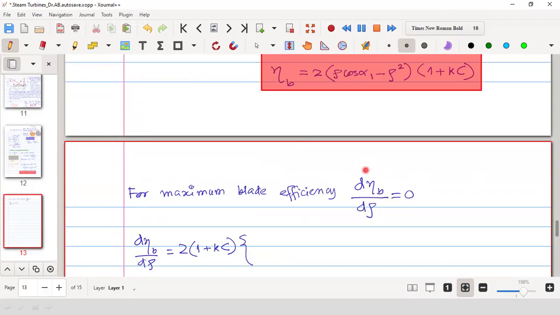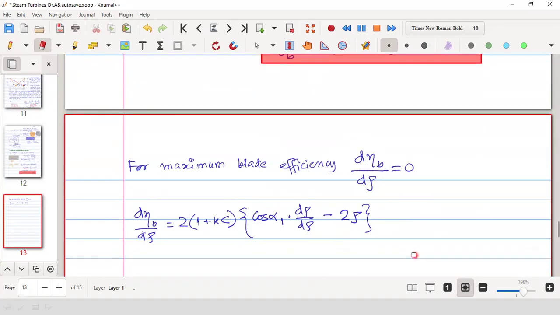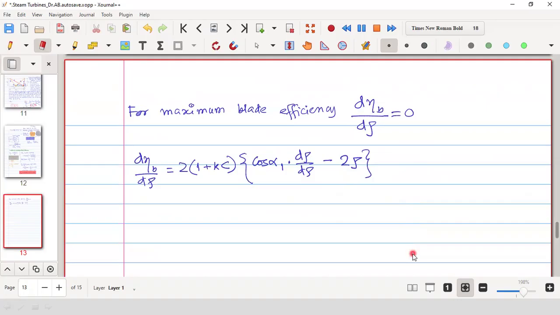d rho of rho is 1. So it will be cos alpha 1 multiplied by 1, minus 2 rho, and that is equal to 0.